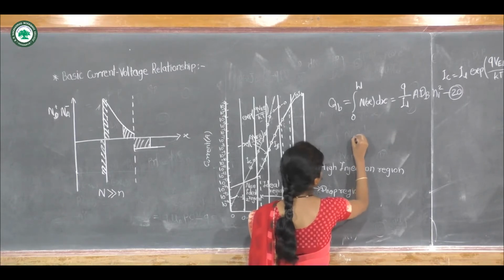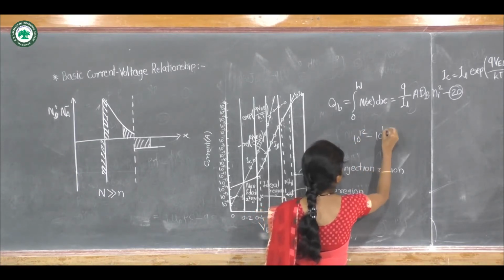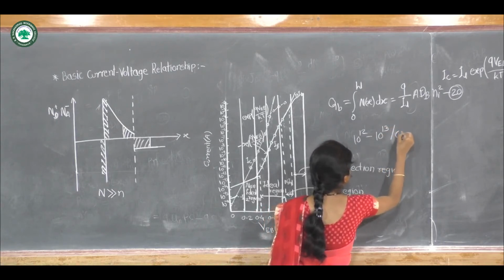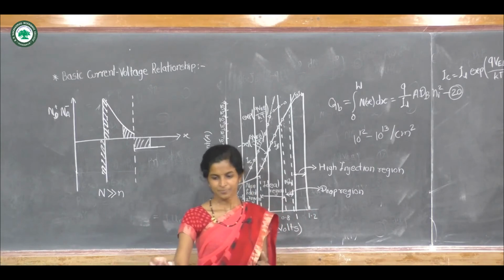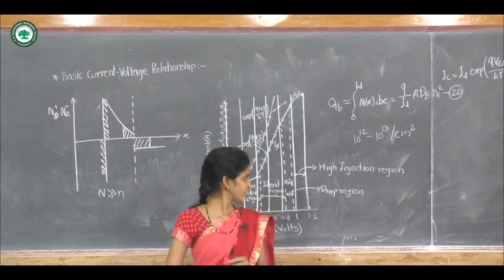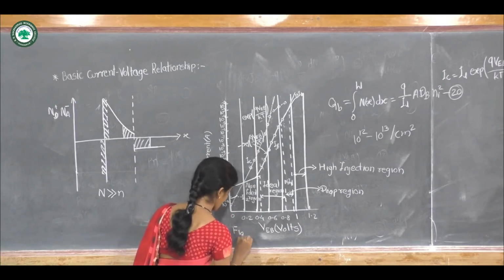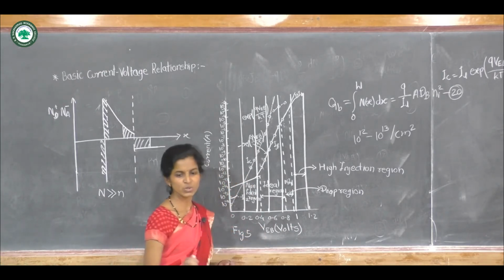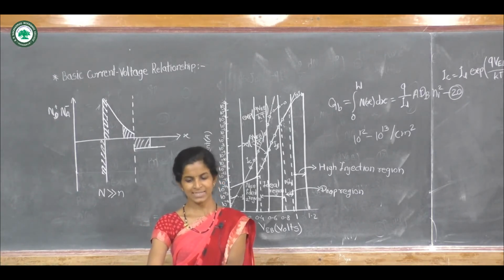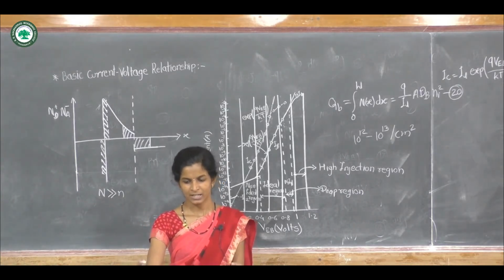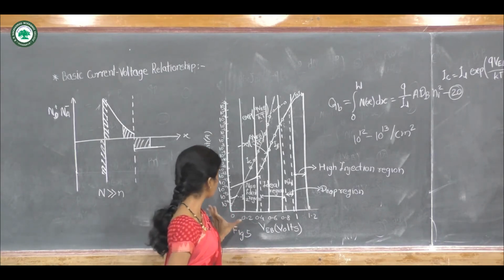This figure, figure number 5, shows the typical base current characteristic, and 4 different regions are observed.